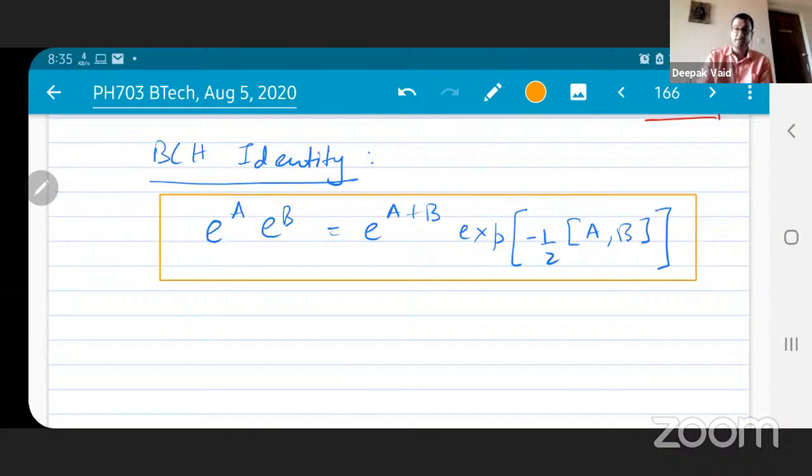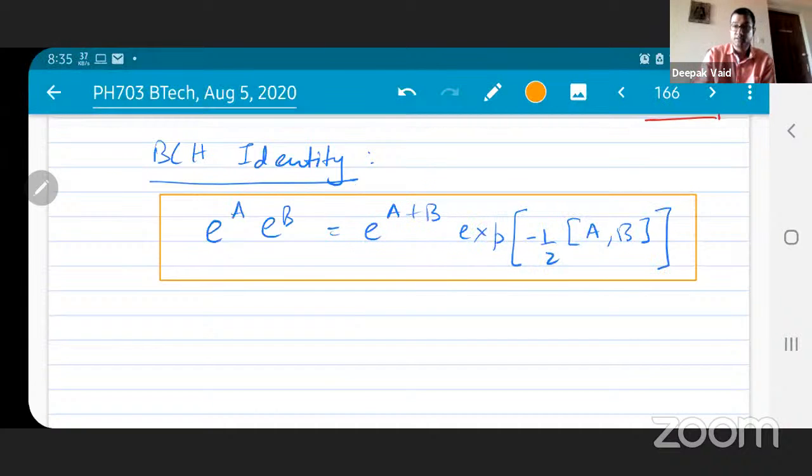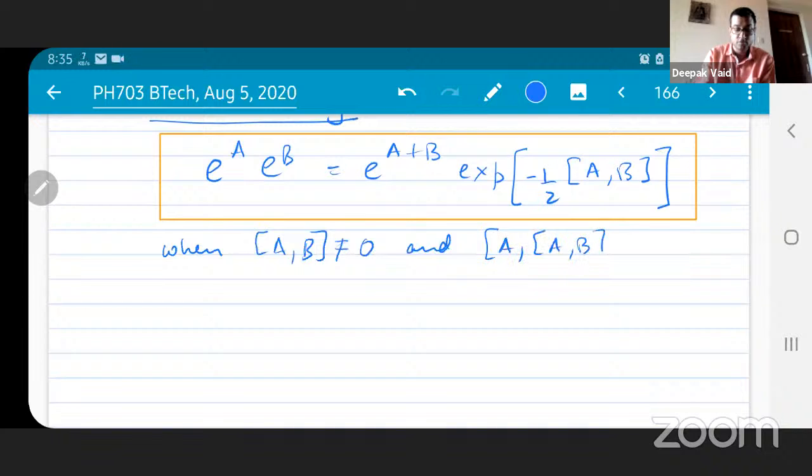Okay, so what this is saying is that I can write the product of two exponentials as the exponential of the sum multiplied by this exponential. But this is true when A and B don't commute, and also this condition is true, that the higher order commutators are 0.